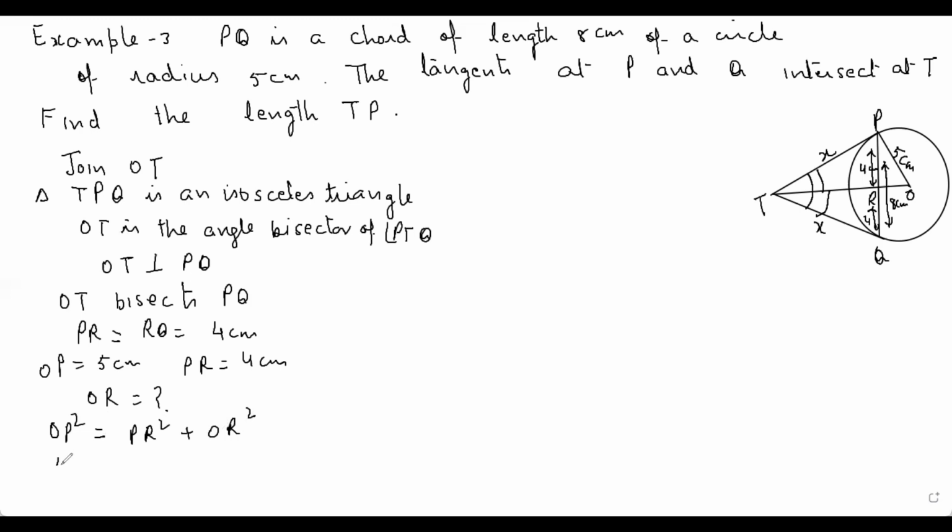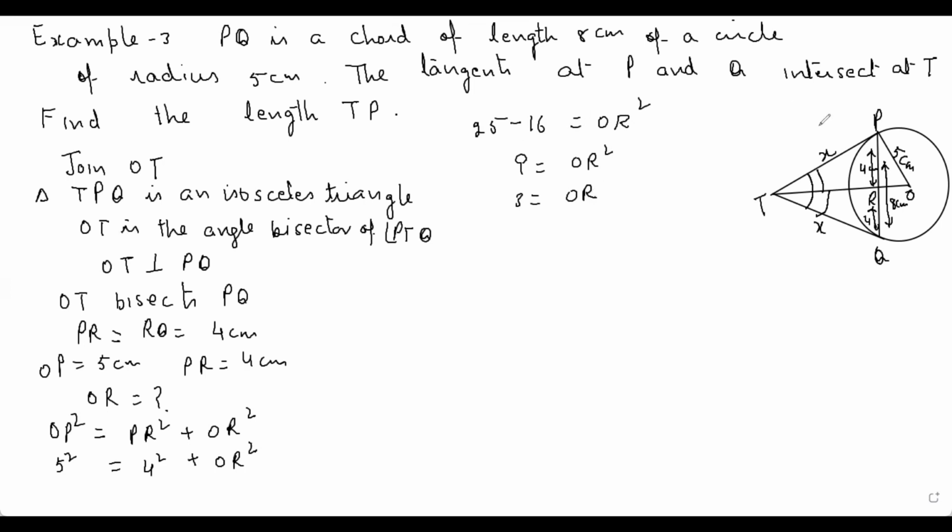OP is 5 square, PR is 4 square plus OR square. It means 25 minus 16 is equal to OR square. 9 is equal to OR square and 3 is equal to OR. Okay, value of OR is 3.